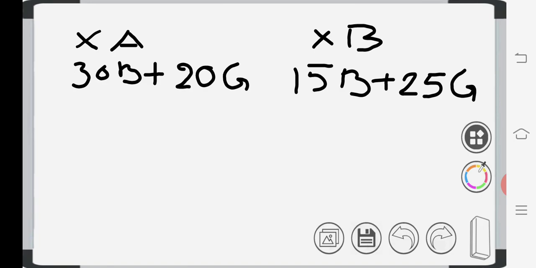Total number of students in 10A is 30 plus 20, 50. Total number of students in 10B is 15 plus 25, 40.